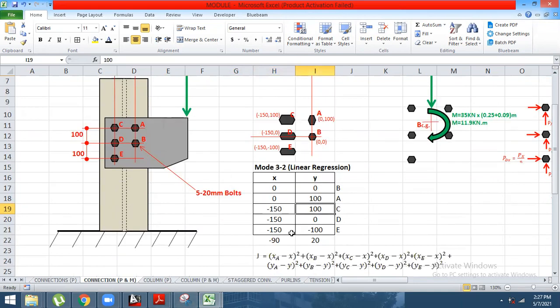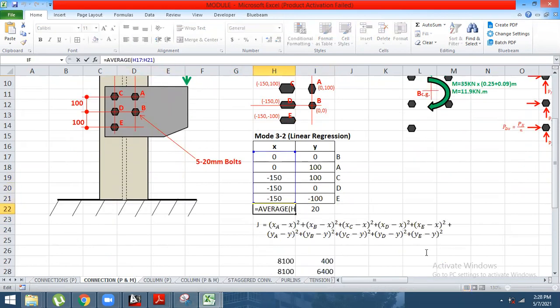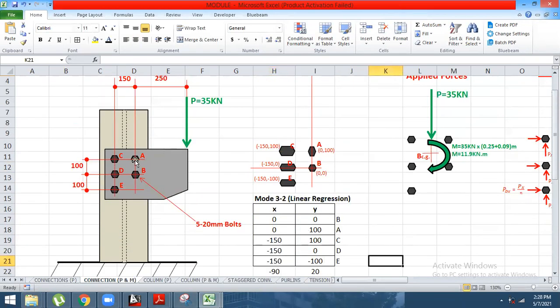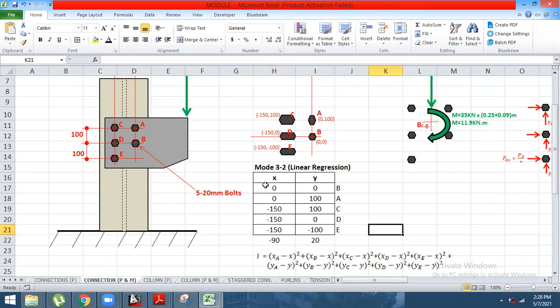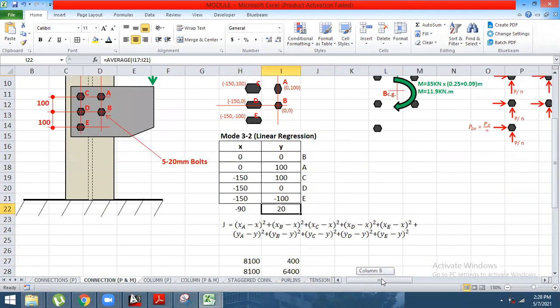We also have values for D and E. By Varignon's theorem, it was just an average divided by the area of the bolts, wherein for this one, nagawin lang natin na tig-1 yung area of the bolts natin. So we're just going to make it average. So 90 and then 20. So there's negative 90 and then positive 20.